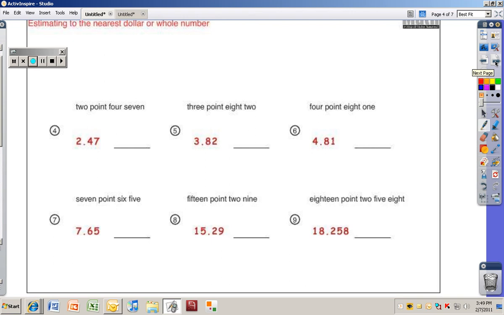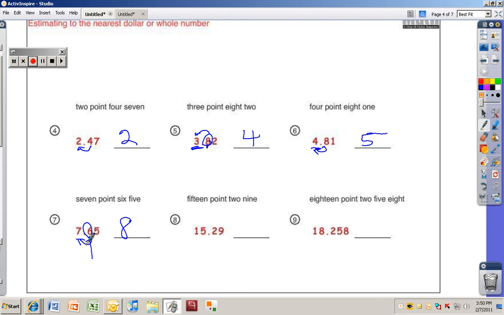2.47 rounds to what, everybody? 2, because that 4 tells that 2 to stay the same, right? 3.82, where am I going to round that? 4. 8 bumps this number up a little bit. 4.81 rounds to 5, because the 8 bumps it up, right? And 7.65, what am I going to round that to? 8.